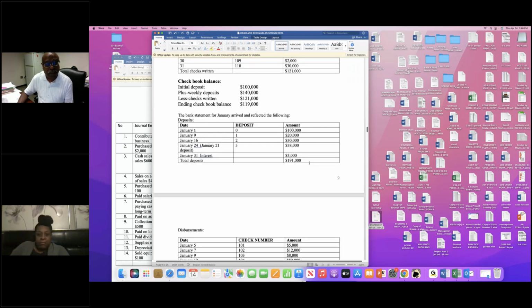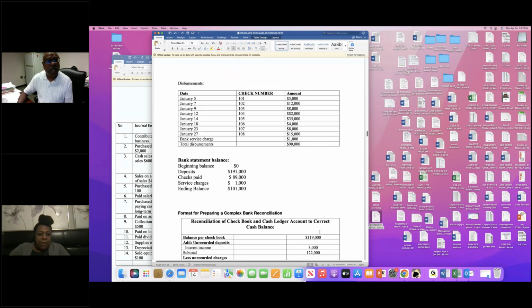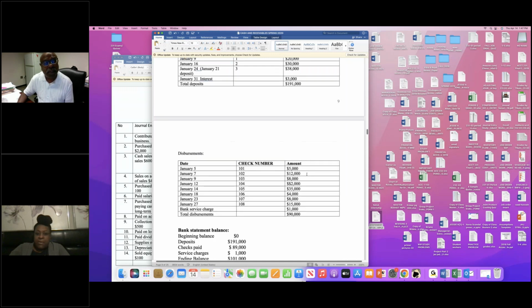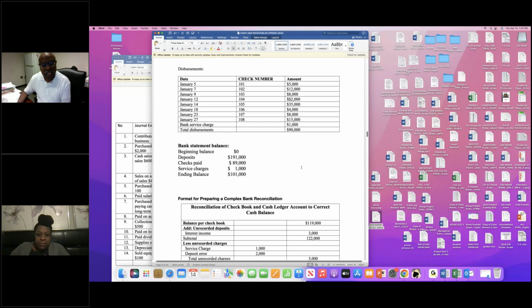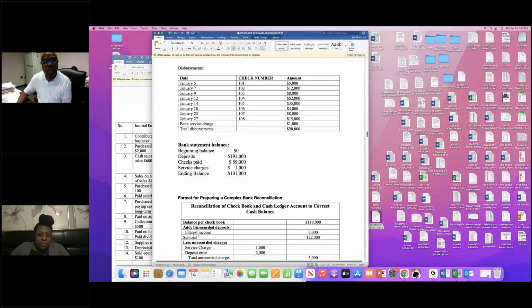For the ending balance, that was 119. Checkbook balance 119. Then you're going to come in and add the unrecorded deposit, that interest income. So you're doing the same thing, except you got to go in here and get it.